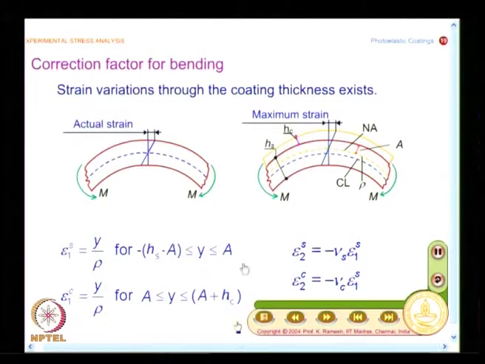and we also know the strain in the transverse direction on the specimen is related to the strain in the longitudinal direction by minus nu s times epsilon 1 s, but on the coating it is related by minus nu c times epsilon 1 s. This expression is simple, that is why I said you should not afford to forget whatever you have learnt in strength of materials.